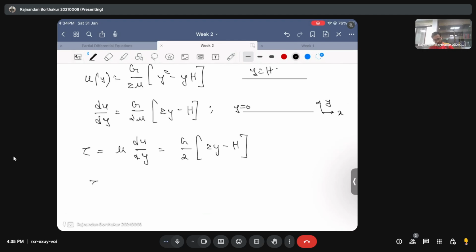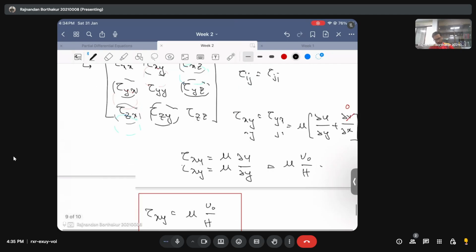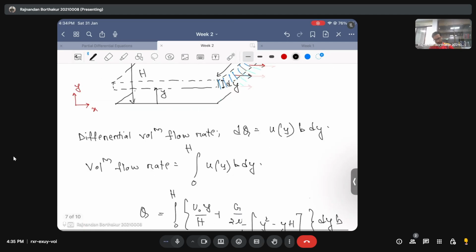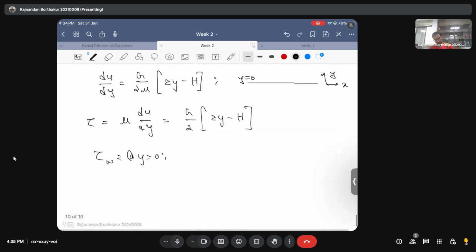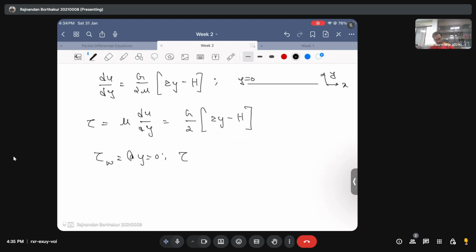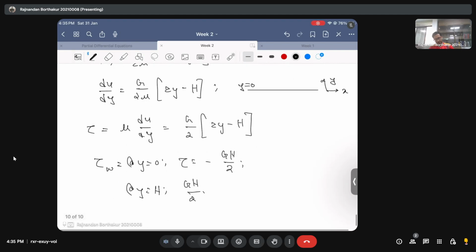So if you calculate your wall shear stress, your tau wall at y equal to 0, it becomes what? So hold on, let me first check the axis. So at y equal to 0, your tau is just minus of Gh by 2, and your wall shear stress at y equal to h is going to be Gh by 2.